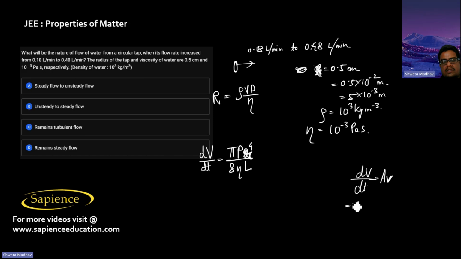Area of cross section, I can say it is pi r square into v. The volume flow rate we have to use.